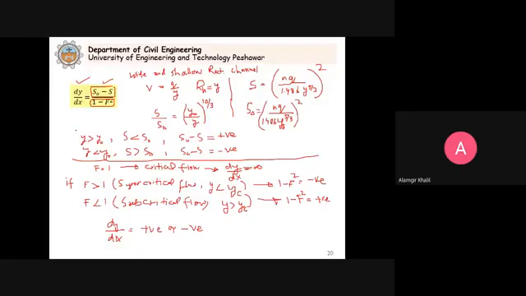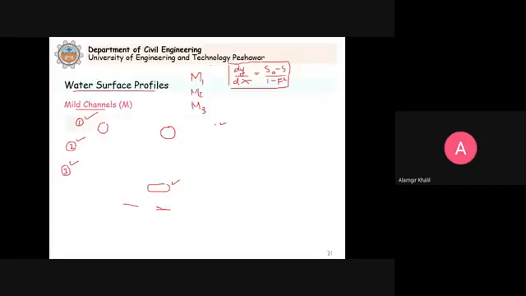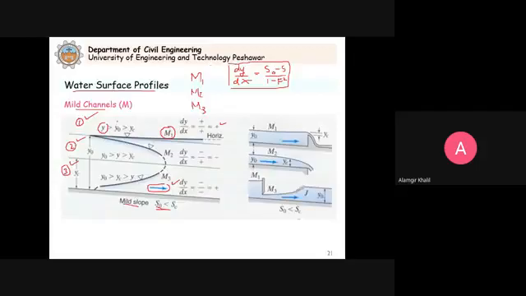Our depth is greater than Y0. S will be less than S0 and this will be positive. So you can see here that depth is greater than Y0. So that's why S will be less than S0. So that's why we get plus. Whatever is the value, it will be plus. We are not interested in the numerical value.